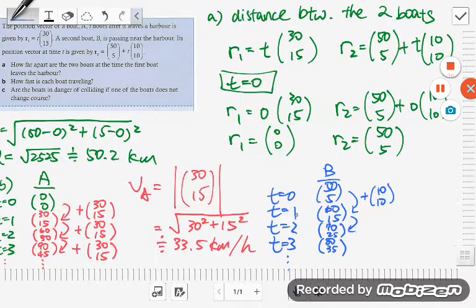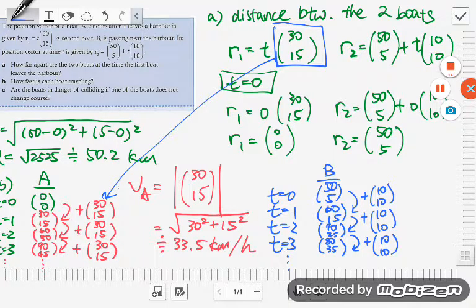When time goes to 2, I'm adding 10 again, and when time goes to 3, I'm adding 10 again. So there is this constant rate of change. I'm not sure if you see this. This part right there, for boat A, is my speed, and this part is my speed for boat B. Do you see that?